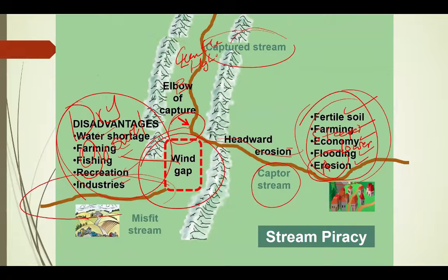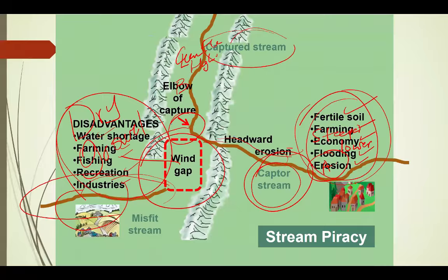It means what will happen to the river itself? So it can be what will happen to the captor stream or what will happen to the misfit stream. So you must be careful. Sometimes you can be asked to answer the question, what will happen to the people around? But sometimes they ask you what will happen to the rivers themselves.